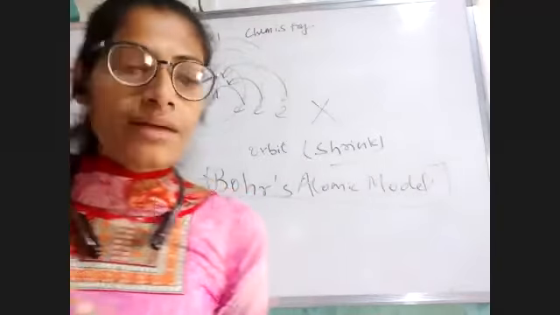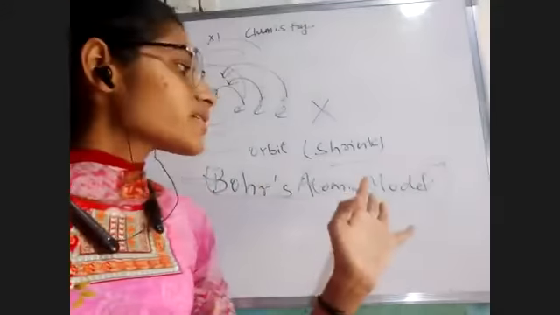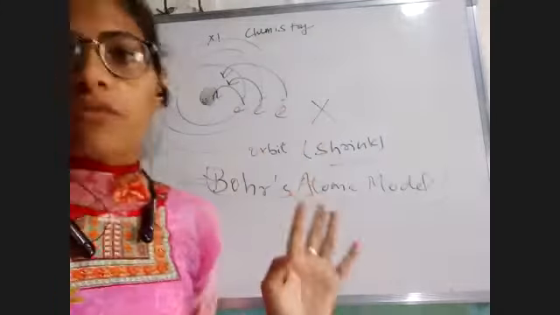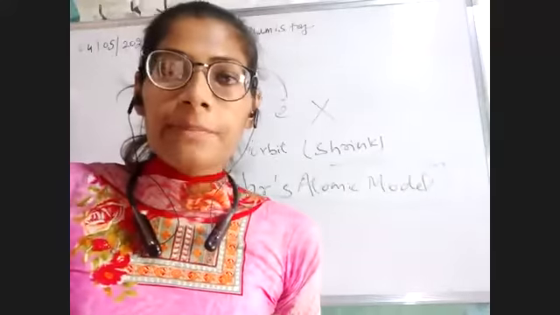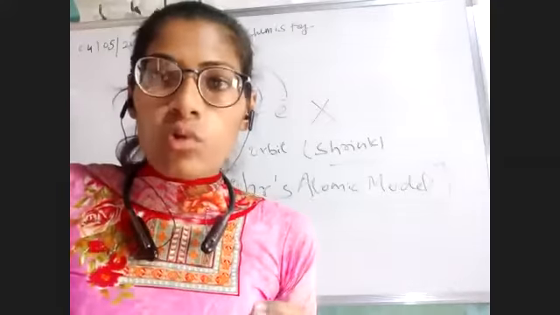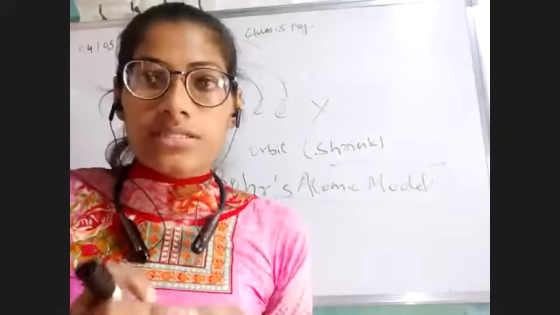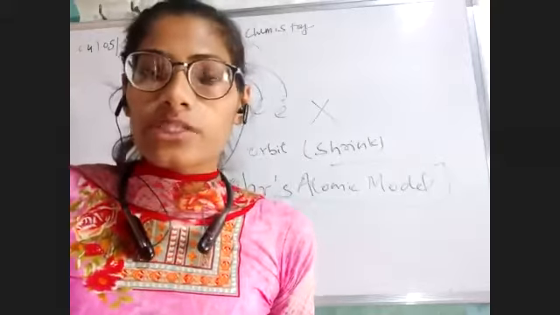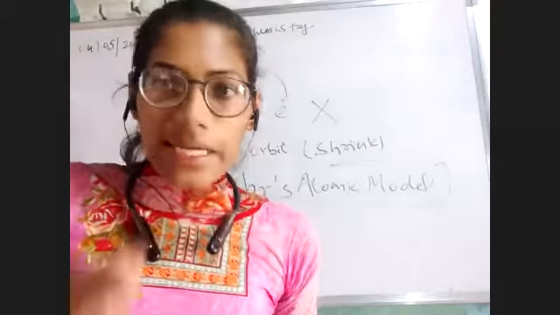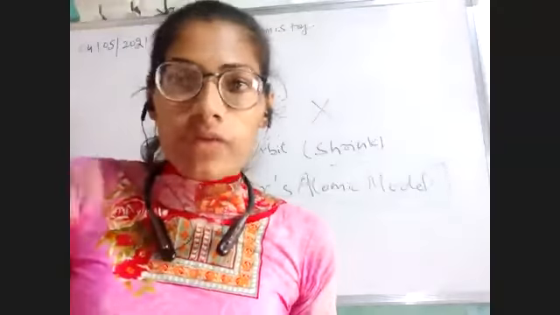As Bohr was explaining and improving Rutherford's model, at the very same time another scientist came to know that light has dual nature, that means particle nature as well as wave nature.